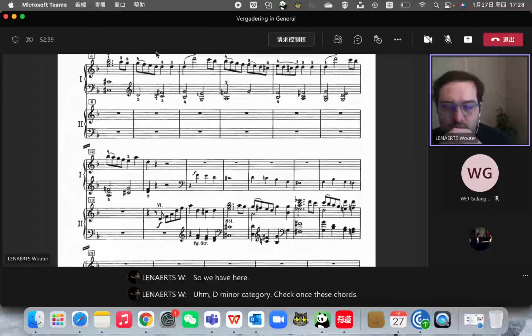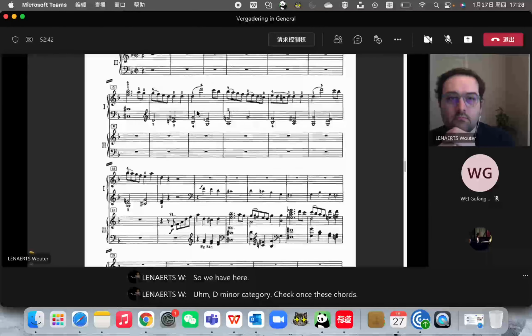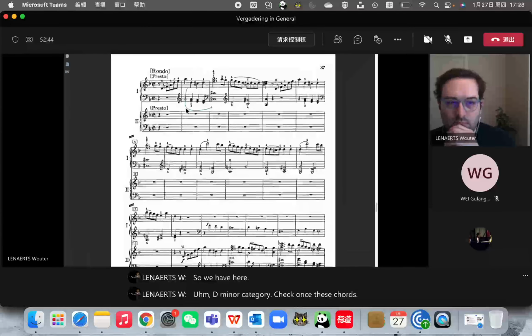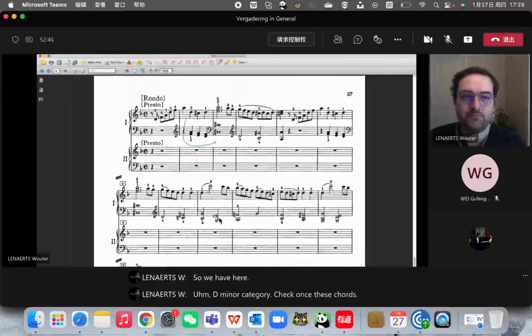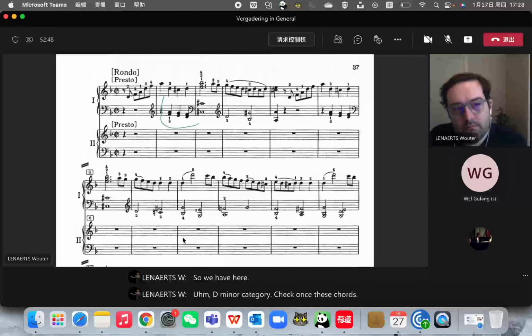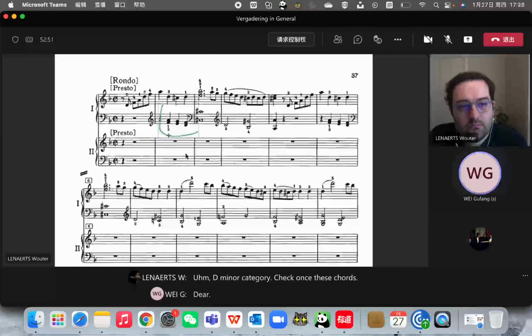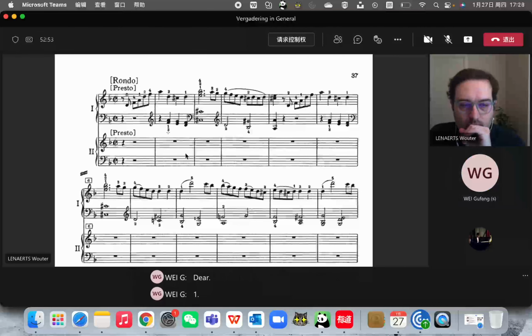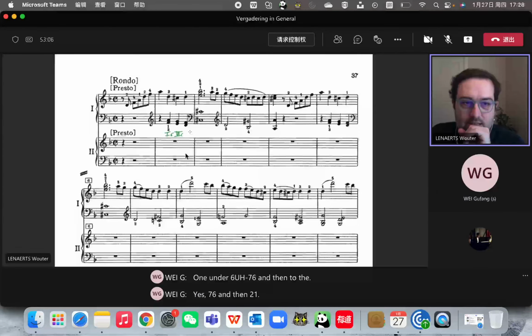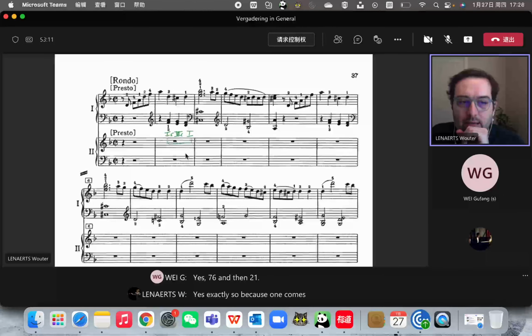Which chord? I can't see which chord he drew. The first one is D minor, 1, 7 6 and then to 1. Yes, exactly. So because 1 comes back, yes.